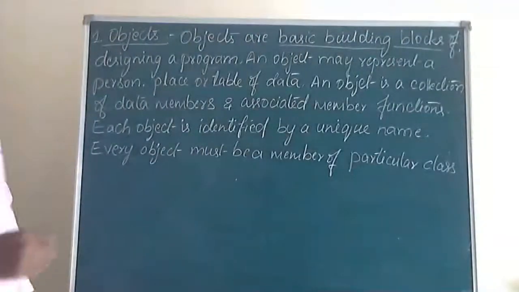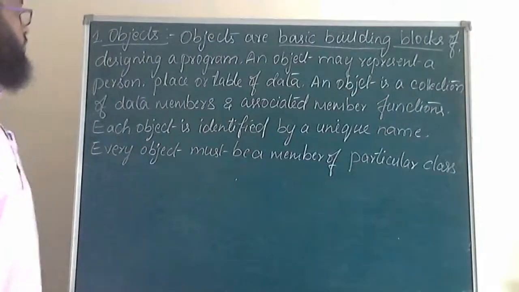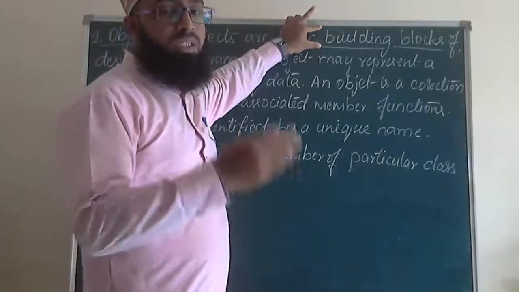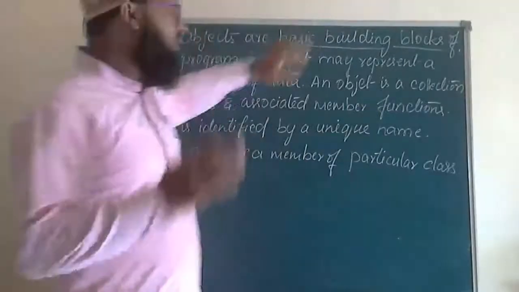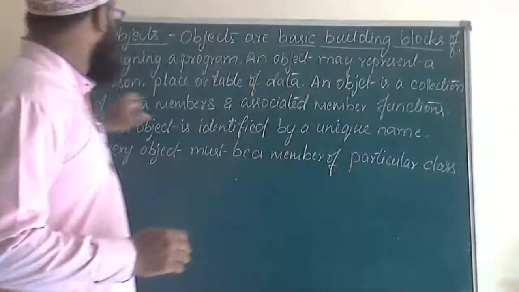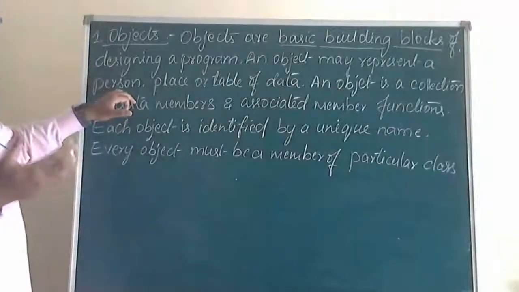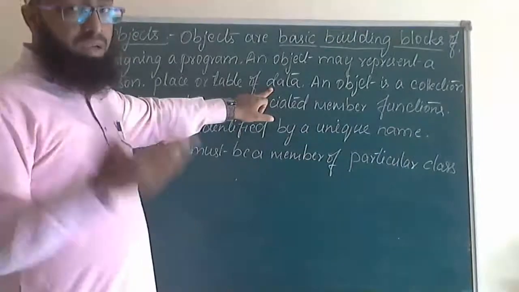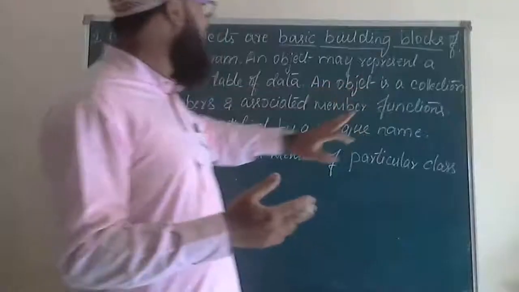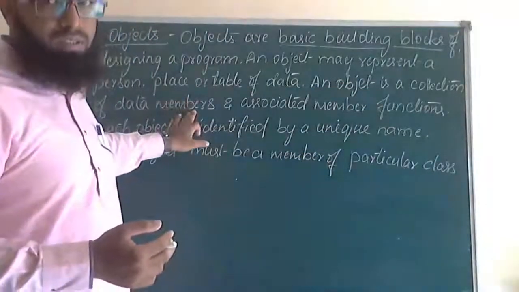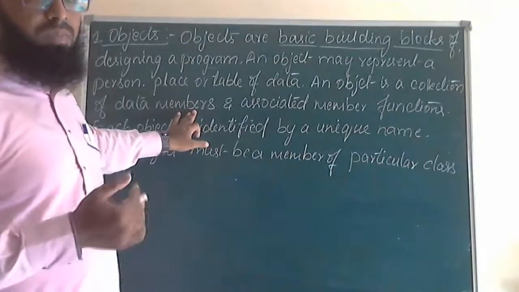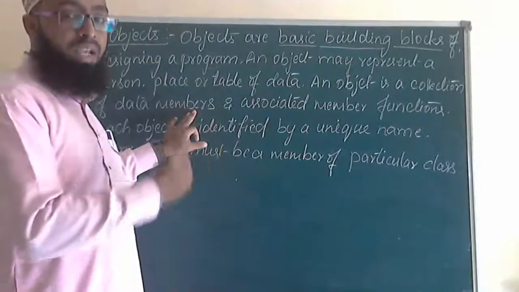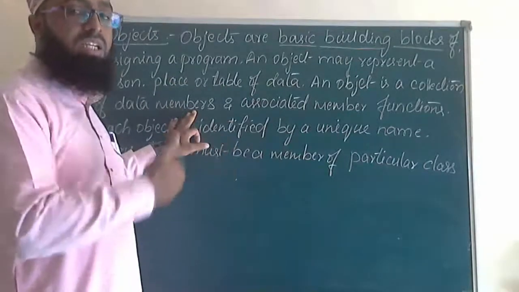So, object. I hope while writing itself you have understood. It is a basic building block of a program, so an object must be there in every program. An object may represent a person name, or a place, or a table of data. Then an object is a collection of data members. Data members means what I have written under the private access specifier: char name, int register number, then int class.